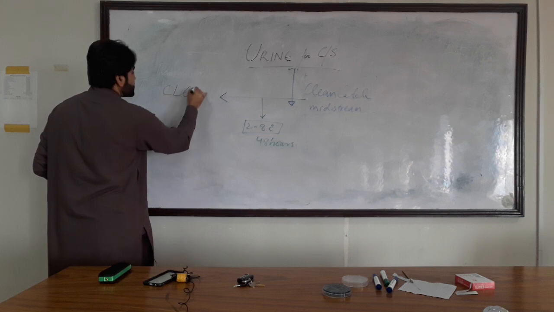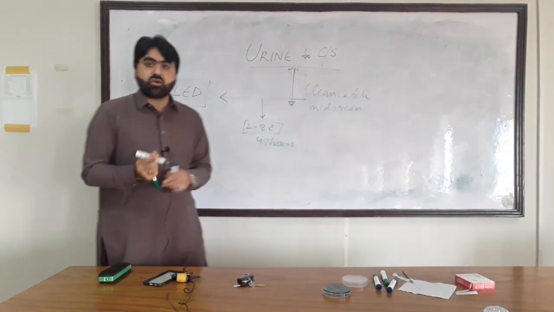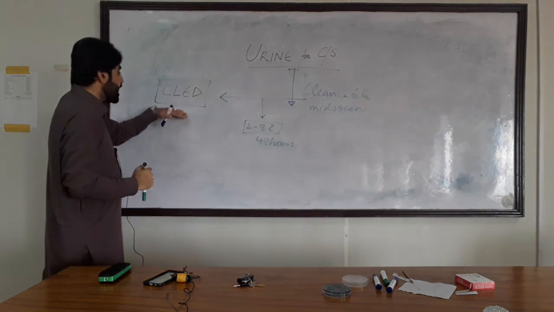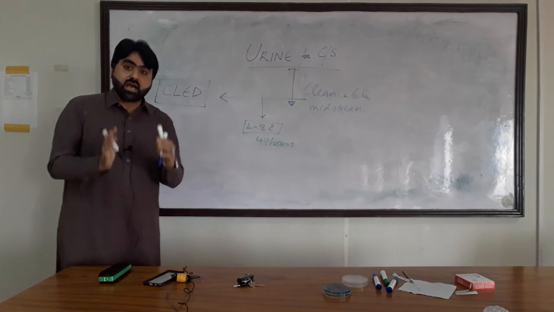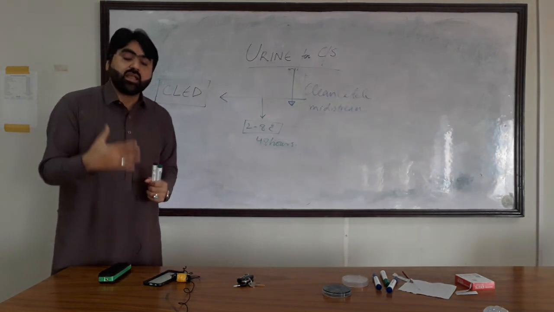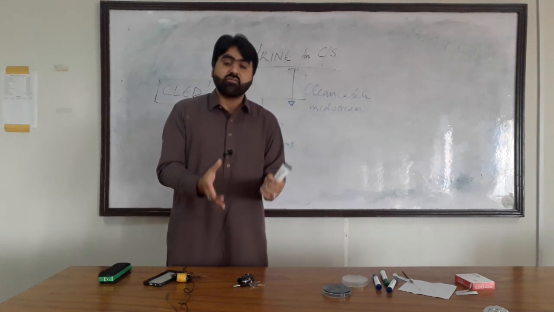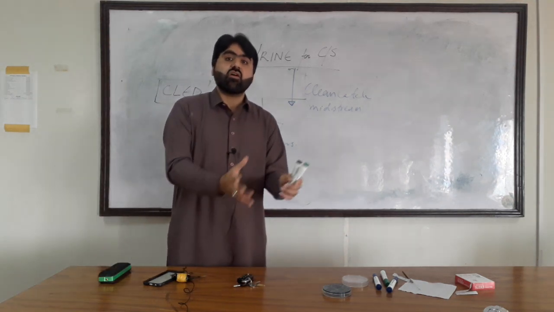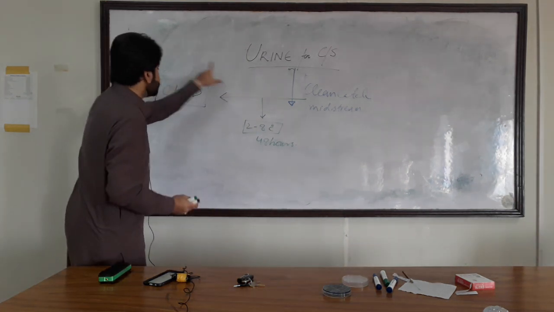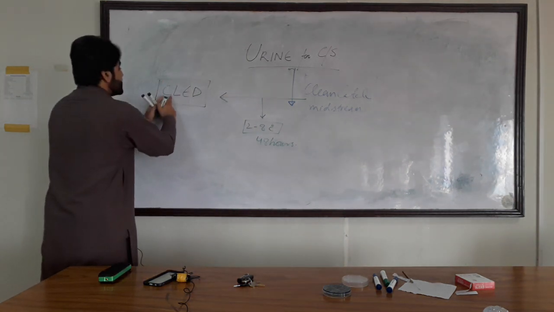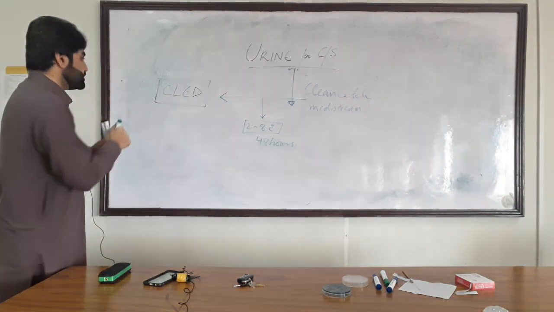I have already discussed it in my previous lecture; you can see my previous lecture on CLED media. This CLED media is recommended for urine culture, and it has the ability to provide an environment for the growth of all the possible bacterial pathogens of urinary tract infection. So we inoculate the urine specimen only on cysteine lactose electrolyte deficient agar, which is CLED agar.